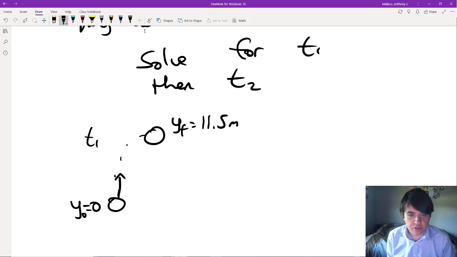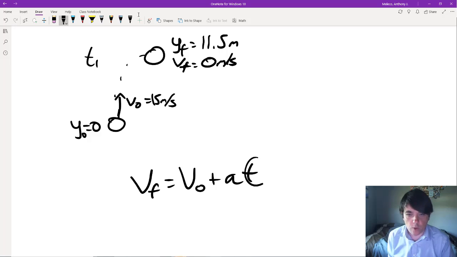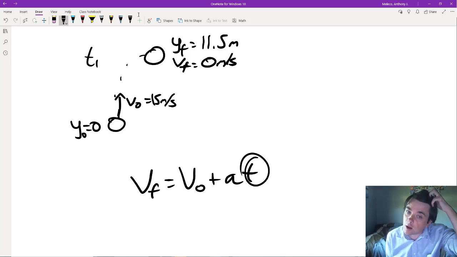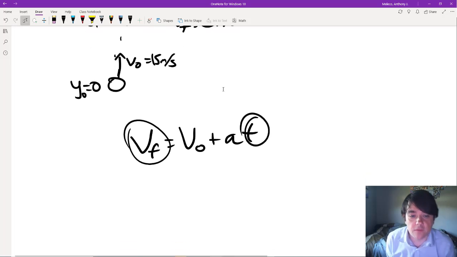We have our initial velocity here, and we have our v final is 0 up here. Okay? So if we use the formula that we didn't use before, the one with time, which we couldn't use before because we didn't know, well, we hadn't reasoned yet that v final was 0. We can now use this.